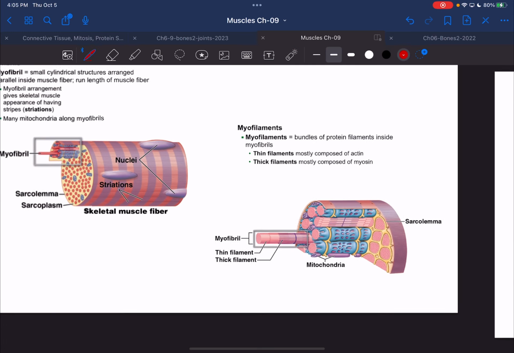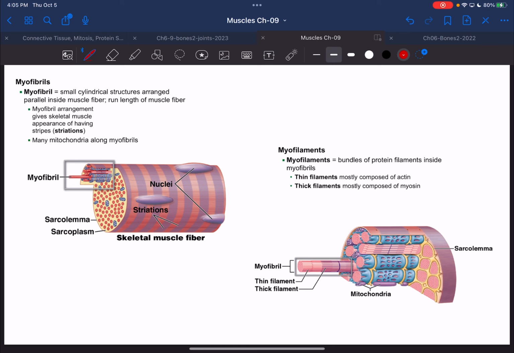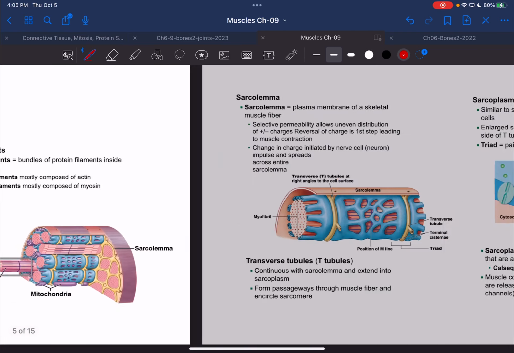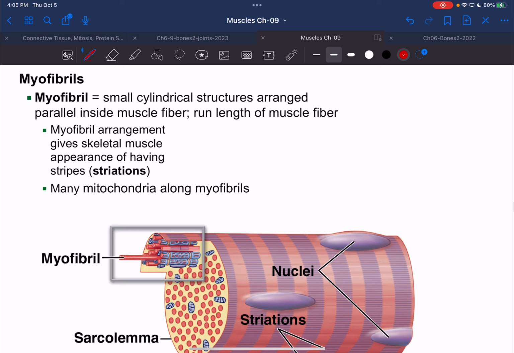That structure, I'm not seeing it labeled here for some reason. It's probably on the next slide. Oh, next one. And so the only thing we've got to grab from here is that each one of these cylinders is a myofibril.